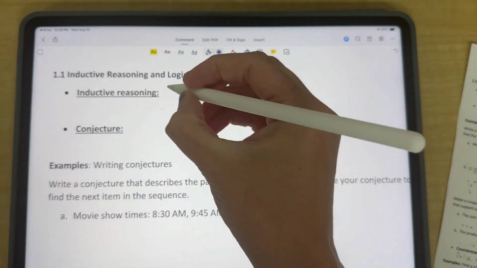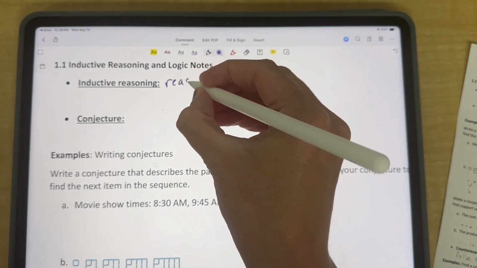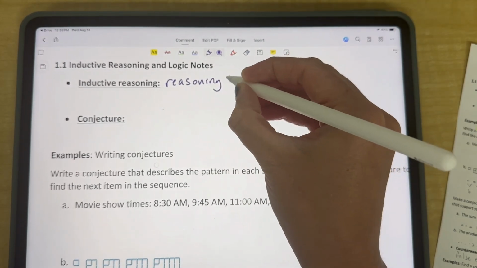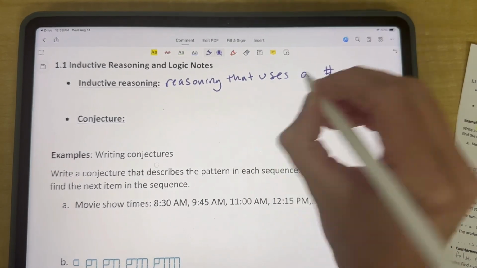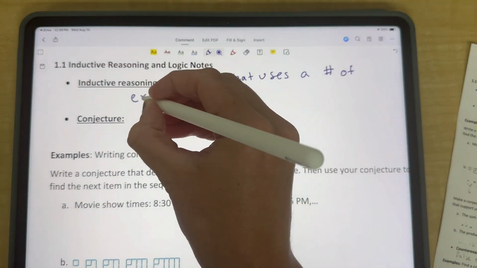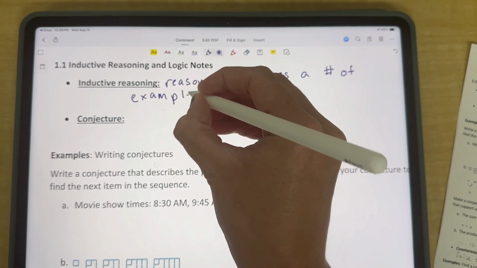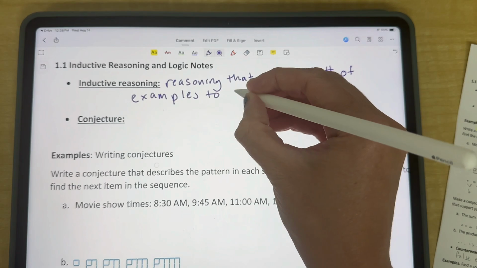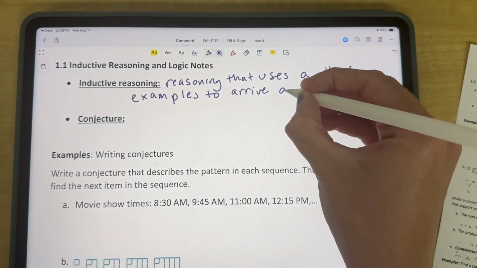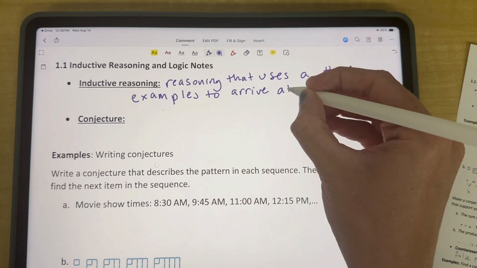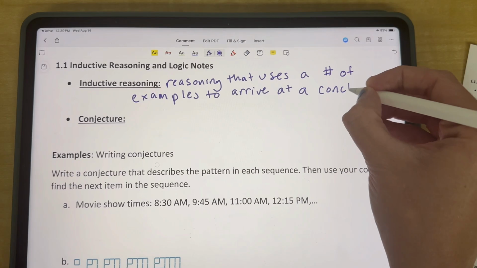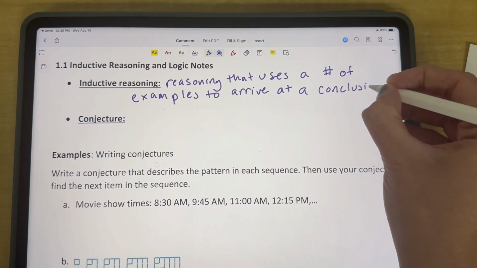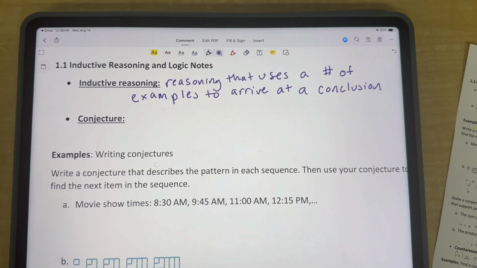Inductive reasoning is the reasoning that uses a number of examples to arrive at a conclusion.